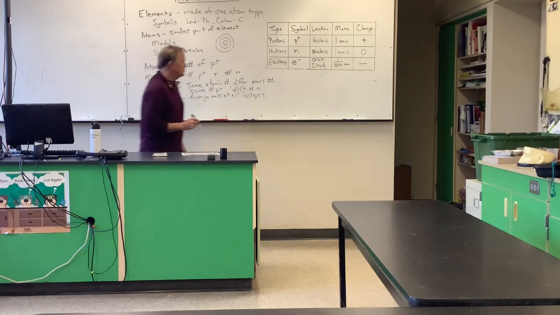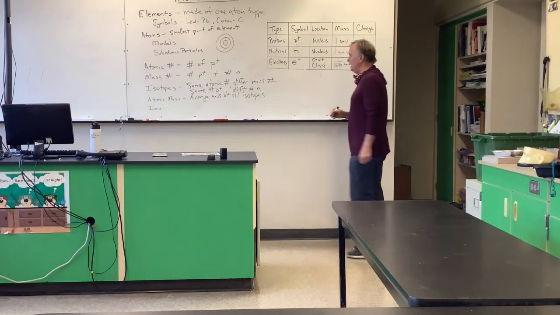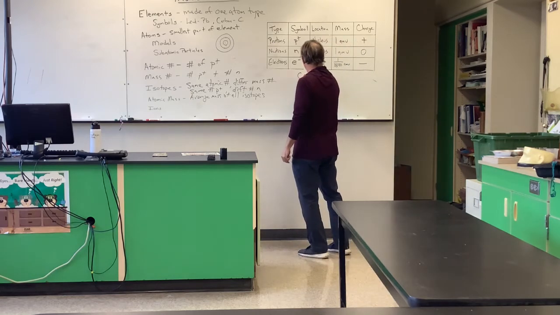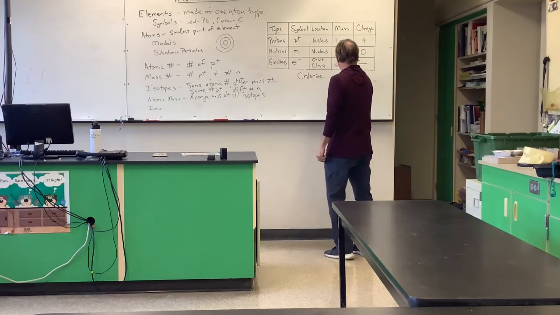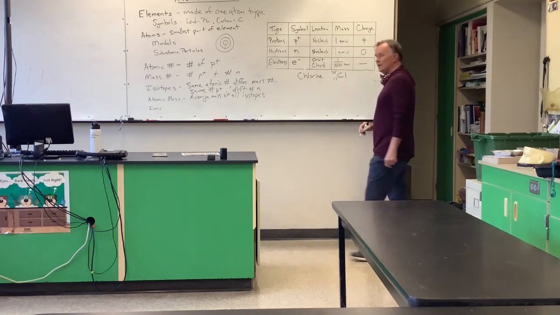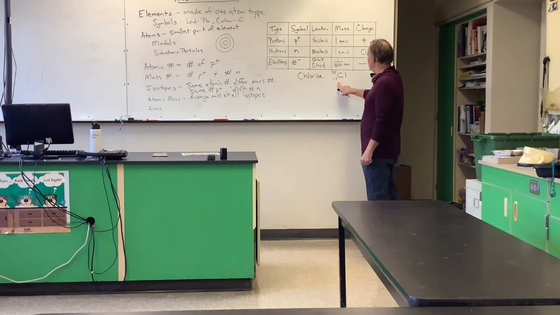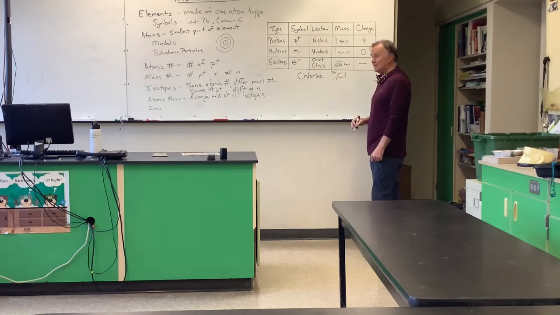All right, so let's look at this real quick here. If you take, for example, let's take chlorine. Chlorine can exist like this, Cl 17 35. When they show it like this, the bottom number is the atomic number and the top number is the mass number.